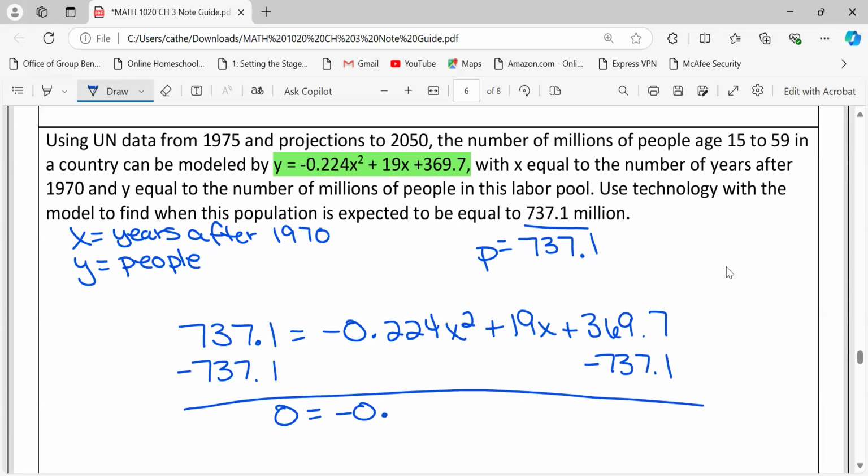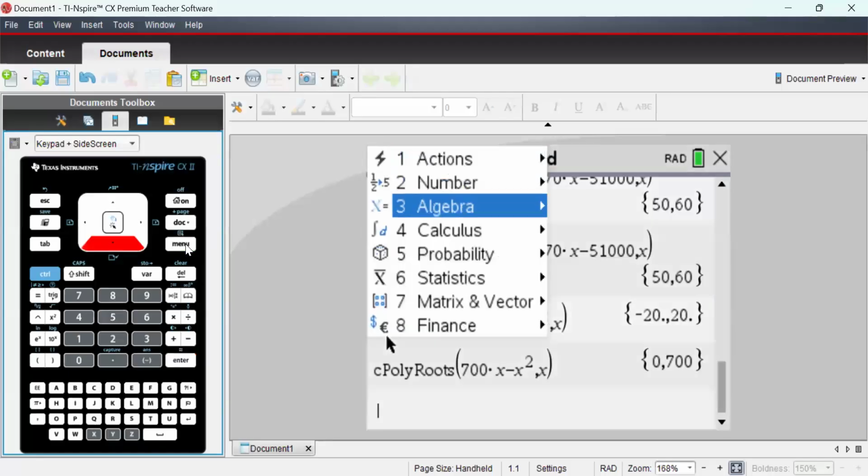Everything to one side. Over to the calculator.